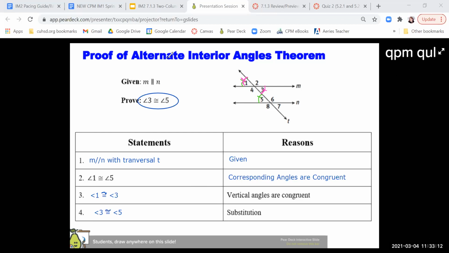Can you see how, since 1 equals 5 and 1 equals 3, then this 5 and this 3 would have to be equal to each other because they both are equal to 1? That's where the substitution comes in. Basically the 3 was substituted in for the 1. And now we have our final statement here. QED. Boom.